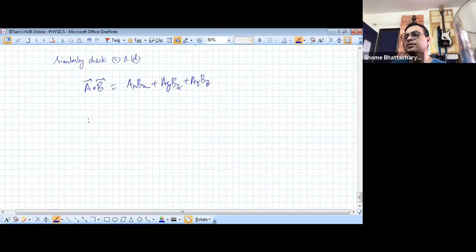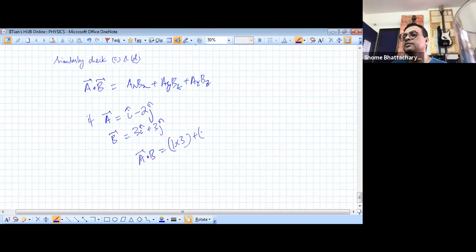For example, if the vector A is i cap minus 2 j cap and the vector B is, let us say, 3 i cap plus 3 j cap, then what will A dot B be? It will be AX which is 1 into BX which is 3, plus AY which is minus 2 into BY which is plus 3. So this will become 3 minus 6, or minus 3. Understood? And this is what you were asking?